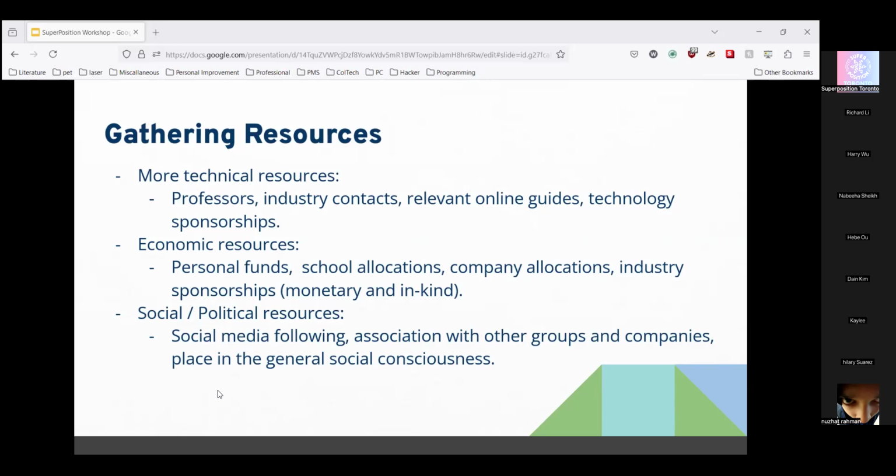And social and political resources, these are a bit more vague, and they usually tie into the ability to acquire the other resources. So things like a social media following, association with other known groups and companies, and general public awareness. My undergraduate team, DARE, the Deep Space Analog Research Expedition, is relatively new and was pretty unknown.